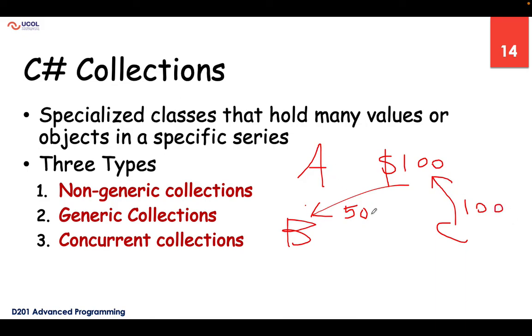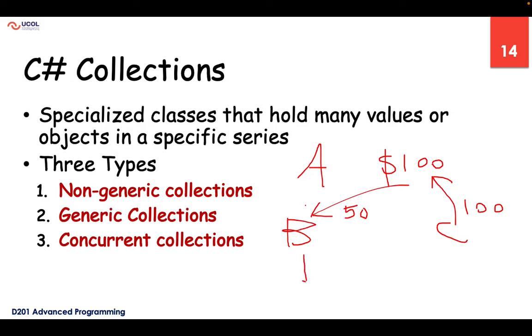Now the problem is, if concurrent programming has not been implemented, then there is a possibility that B and C are executing the deposit and the withdrawal at the same time. They go and check that particular balance.